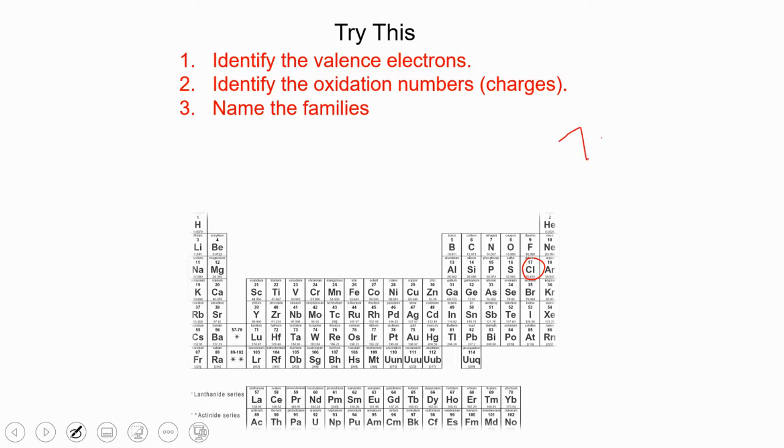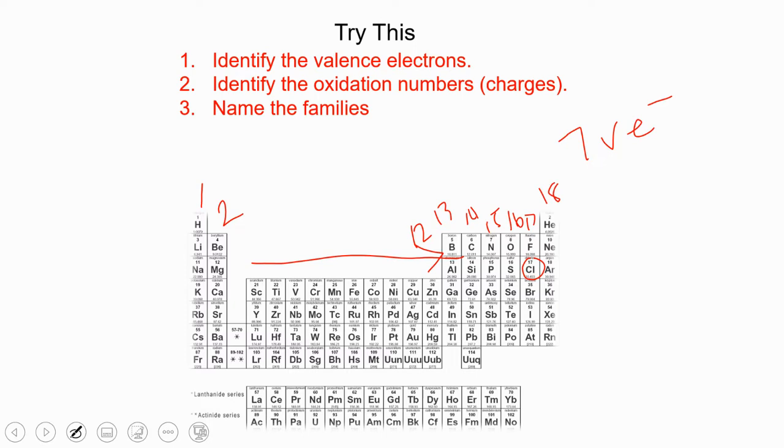Chlorine has 7 valence electrons because it's in group 17. 1, 2, this is through 12, 13, 14, 15, 16, 17, 18. 7 valence electrons.